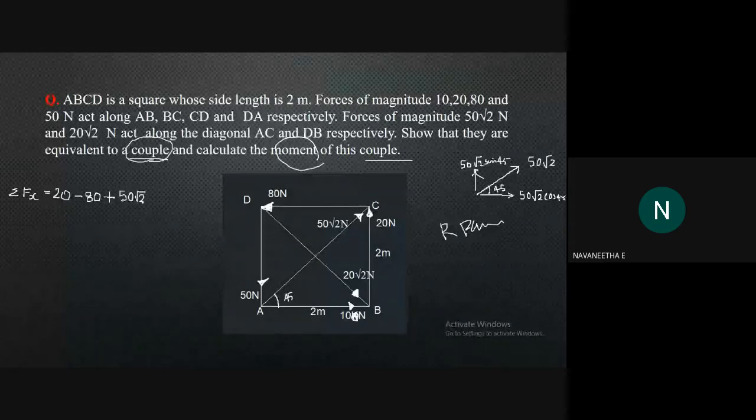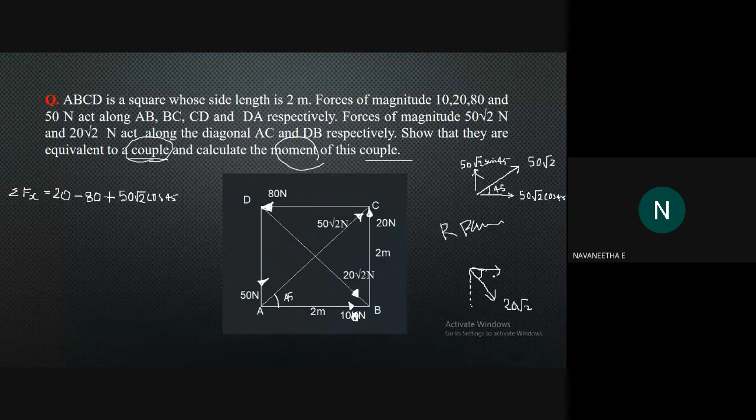cos 45. Then what about the other force which is acting in the diagonal? That 20 root 2 is acting in the fourth quadrant, right? What about the inclination? It is also 45 degree.